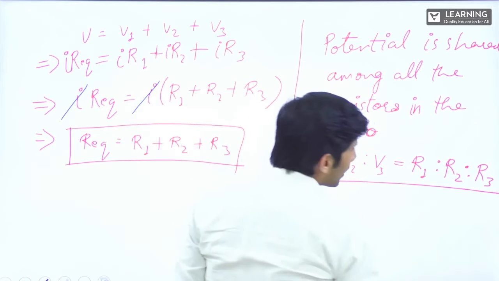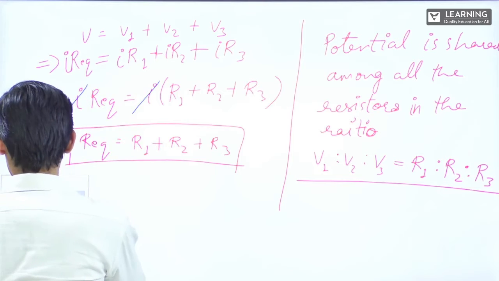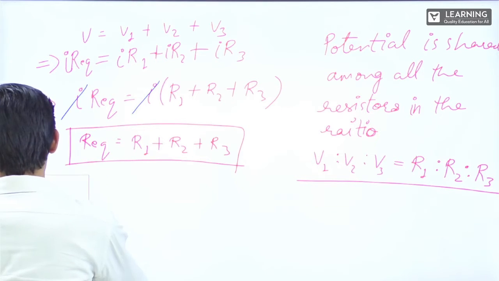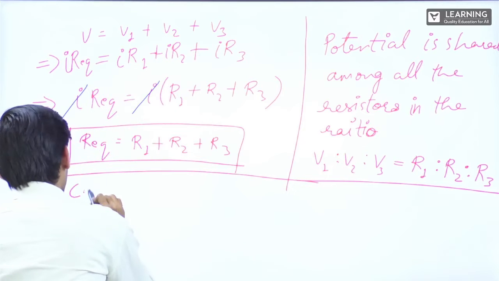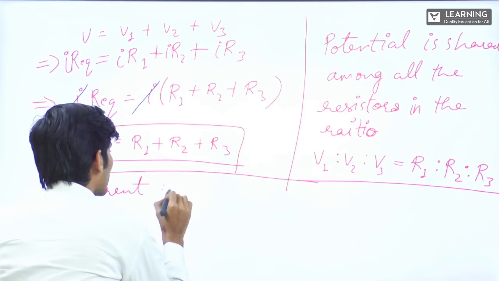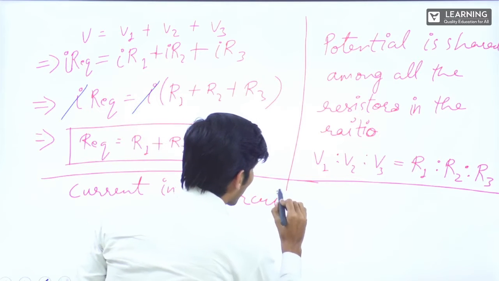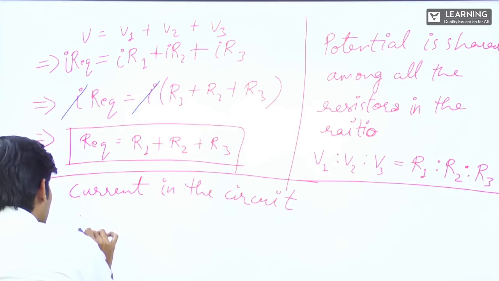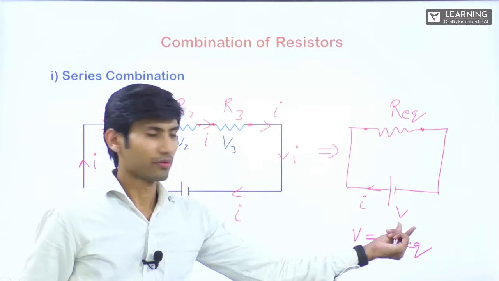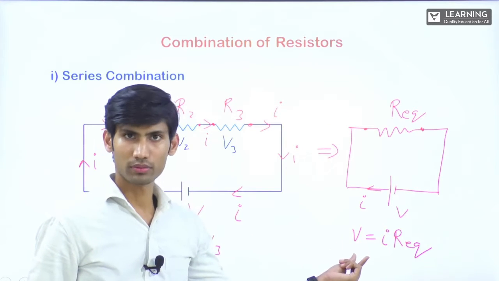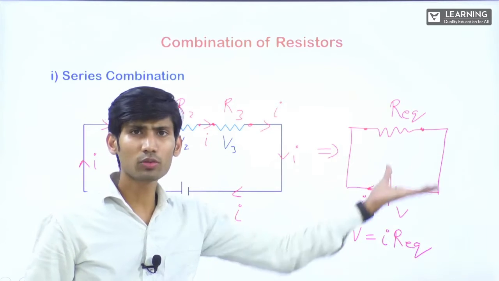And if I talk about how much will be the current in the circuit, I is equal to V upon R equivalent, the total potential supplied by the battery divided by the equivalent resistance.